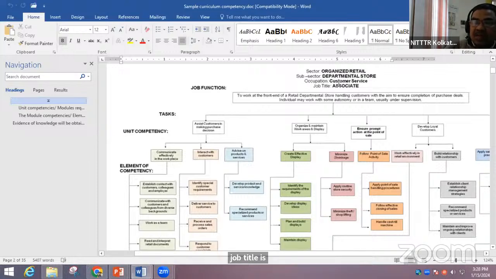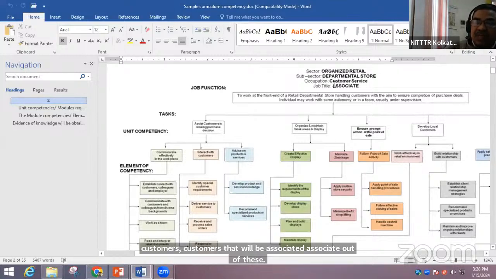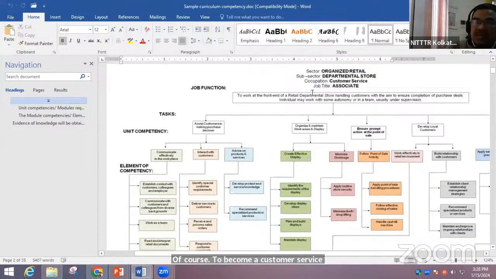So the position of that particular person is going to be a customer service executive or customer service associate out of this particular course. Understand? Now, to become a customer service associate, what are the job functions of this position?